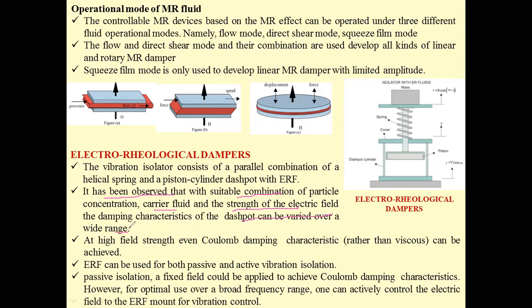For electrorheological fluid, we have to use electric field, and for magnetorheological fluid, we have to use magnetic field. It can be varied over a wide range using a high voltage amplifier. At high field strength, even Coulomb damping characteristics can be achieved.